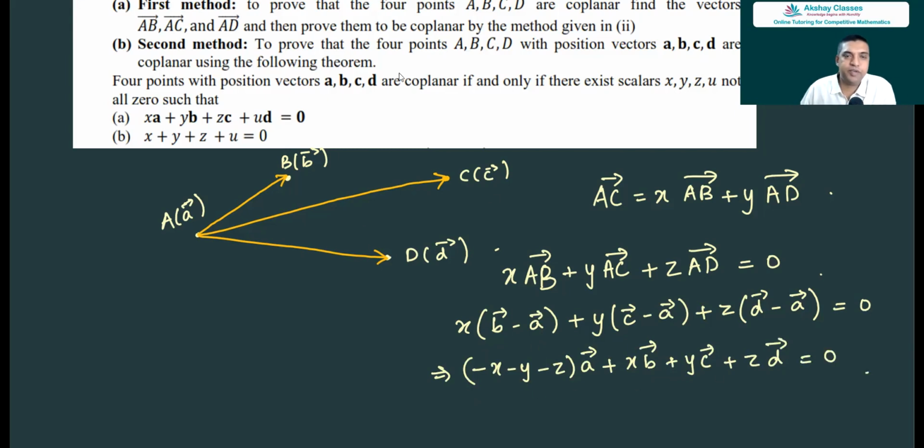So what we are saying is the sum of the coefficients of A bar, B bar, C bar and D bar will be 0. We can find x, y, z, u for A bar, B bar, C bar, D bar such that the combination is 0 and the sum of their respective coefficients will be 0.